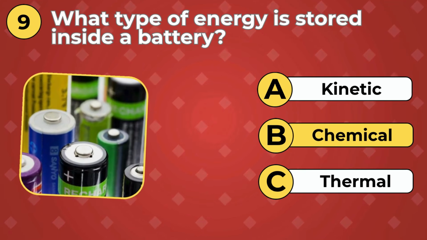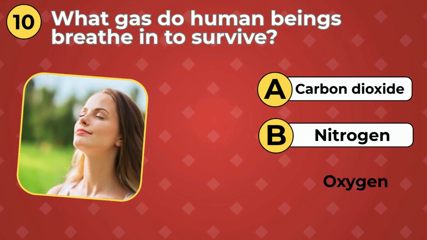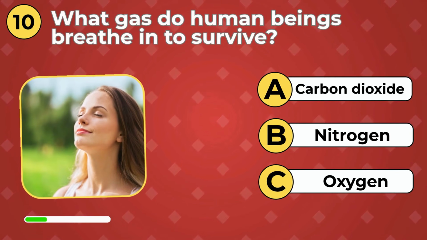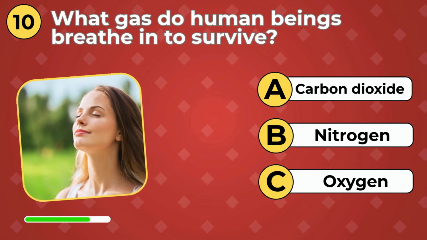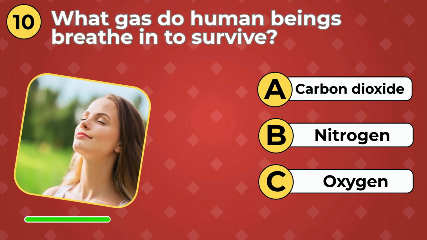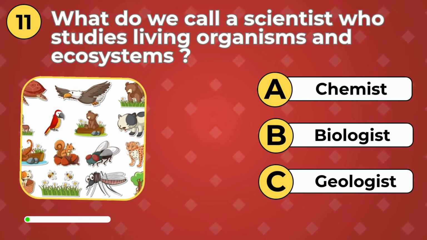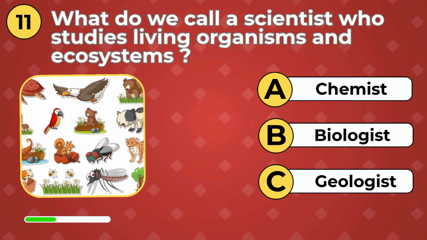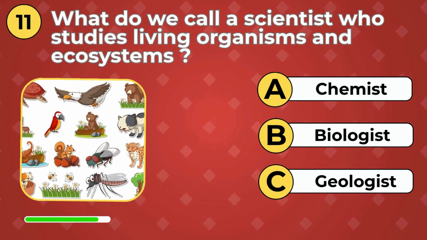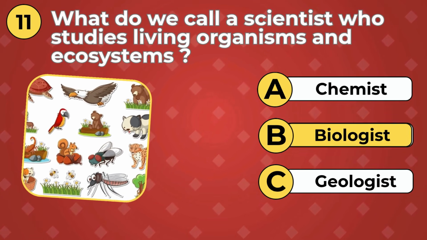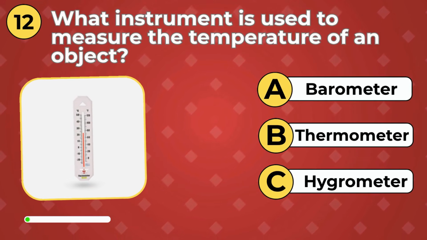Chemical energy. What gas do human beings breathe in to survive? Oxygen. What do we call a scientist who studies living organisms and ecosystems? A biologist. What instrument is used to measure the temperature of an object?